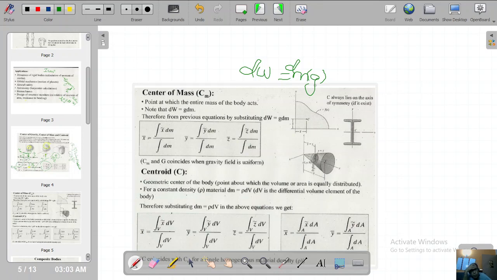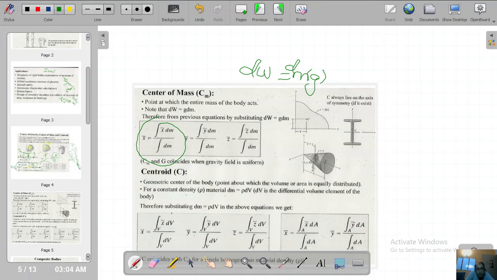But g is constant in the numerator, and in the denominator it's a universal constant, so it gets cancelled. So when the center of mass is considered for this body, the main formula that we're going to use is this one: x bar equals the integral of x tilde dm over the integral of dm. Same with y bar, same with z bar, very easy.